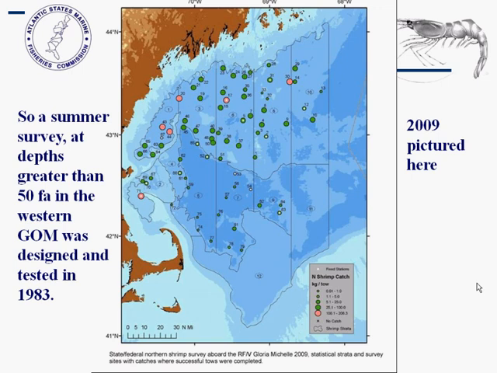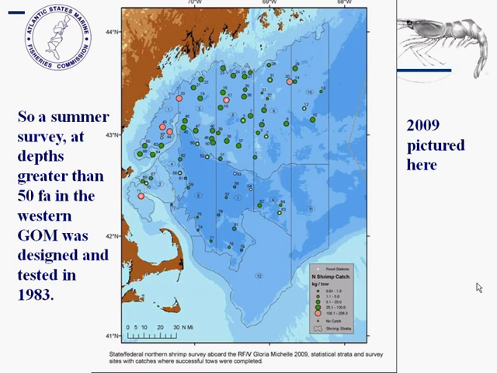Then you just multiply that up over your total area to get a total estimate of how many fish are in that area. That's not what this survey is. In that kind of survey, it would be absolutely critical that you include all the area of interest to your stock.